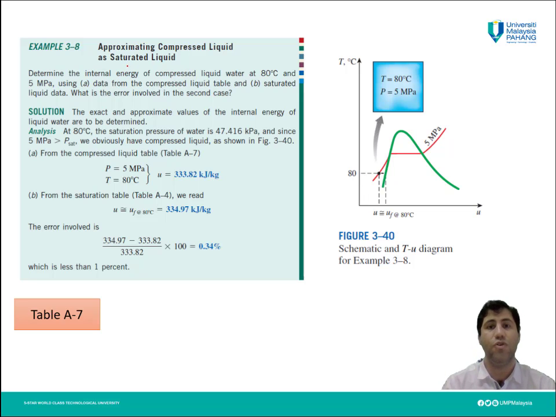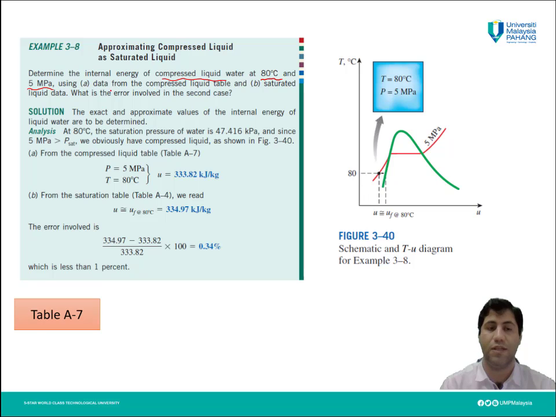In this example, we are going to compare two different methods, the approximation method and the accurate method using the table. Here we are going to determine the internal energy of compressed liquid water. It is already mentioned that it's compressed liquid, so no need to check by table A4 or A5, at 80 degrees Celsius and 5 megapascal. So we have temperature and also pressure for the water here.